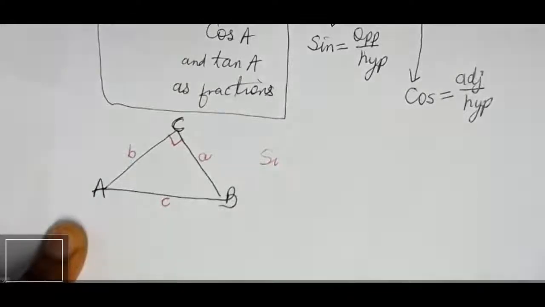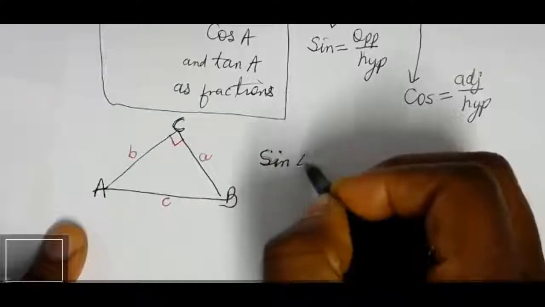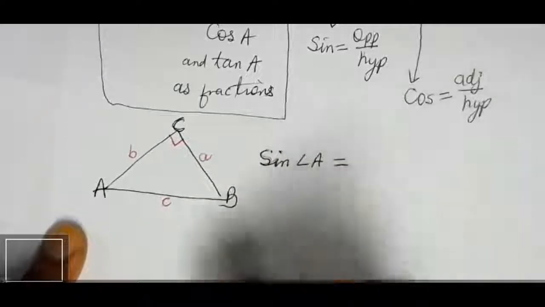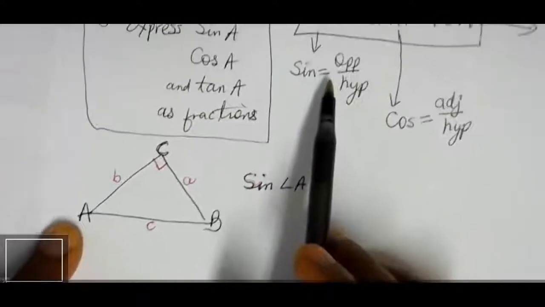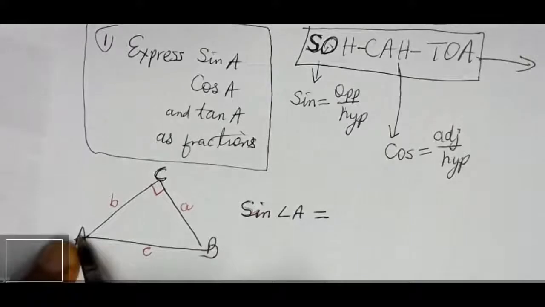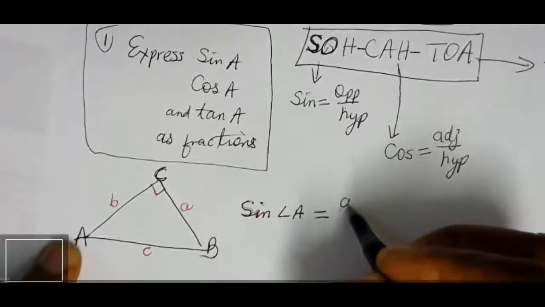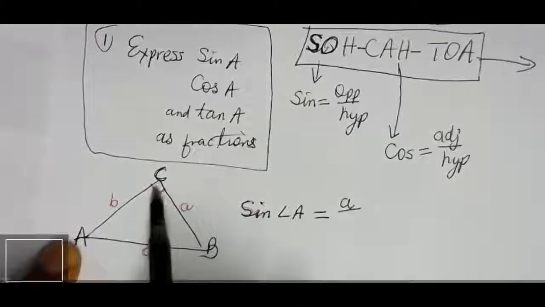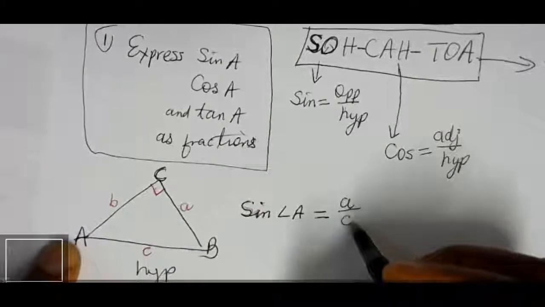So sine of angle A is going to be, sine is opposite over hypotenuse. The side opposite angle A is a, and the hypotenuse, which is facing the right angle, is c. So it's a over c.